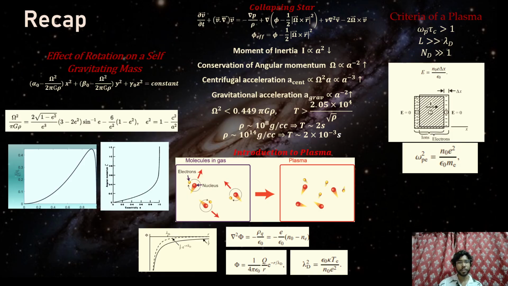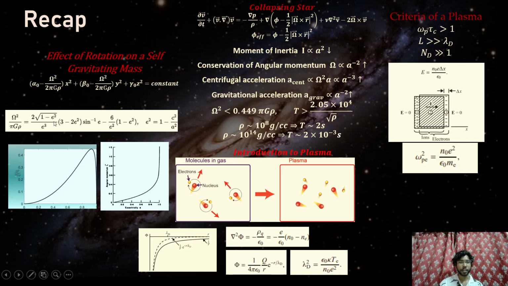And the equation of the spheroid is given as shown here, where omega is the angular velocity of the self-gravitating mass.